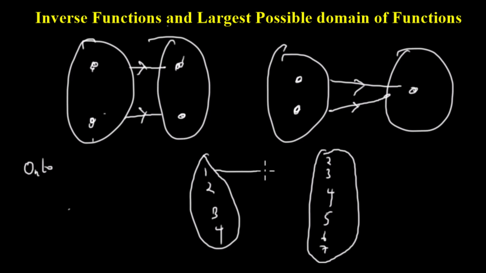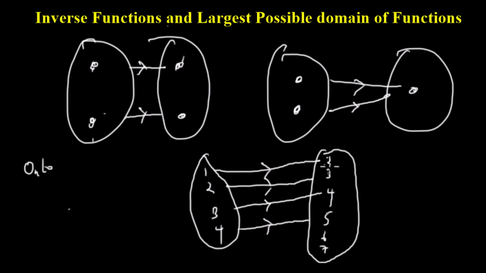And then I'm saying 1 is mapping out to 2, 2 is mapping out to 3, 3 is mapping out to 4, 4 is mapping out to 5. All right. So is this a one-to-one function? Yes, this is a one-to-one function. But is it onto? Definitely not.